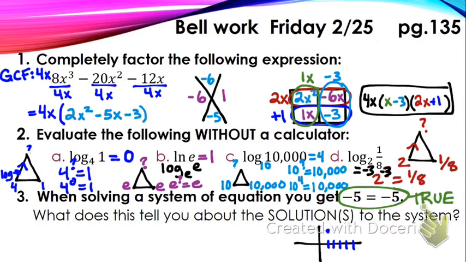If I picked 1, I would get this point, but if I picked 1 again, same point. Infinitely many solutions, because no matter which point I pick, that y will always be the same, and those lines would lie right on top of each other. They'd be the same line.